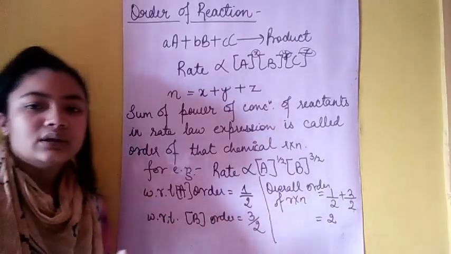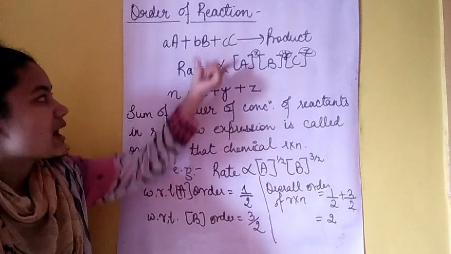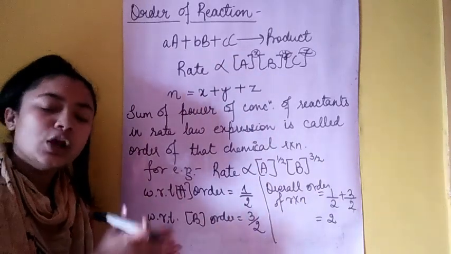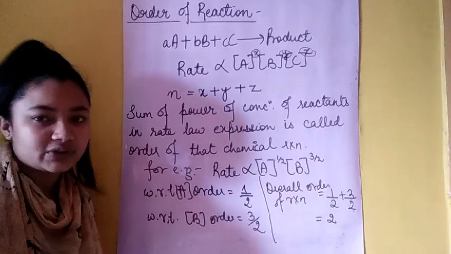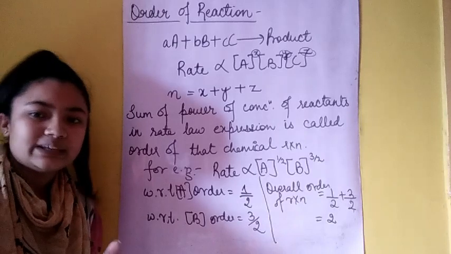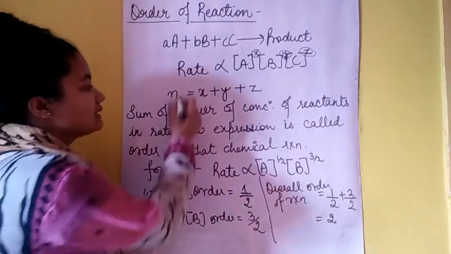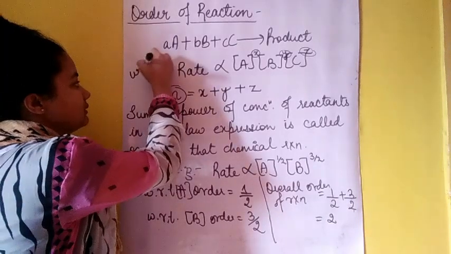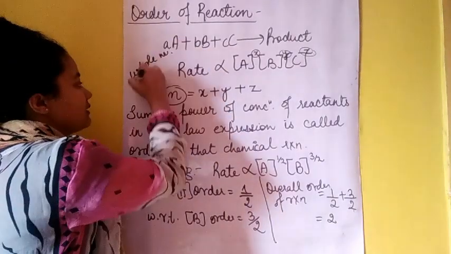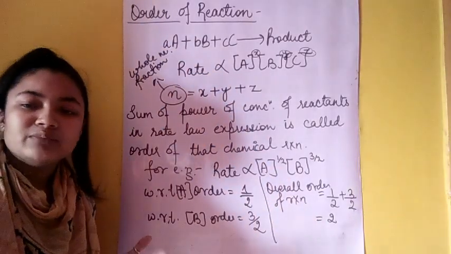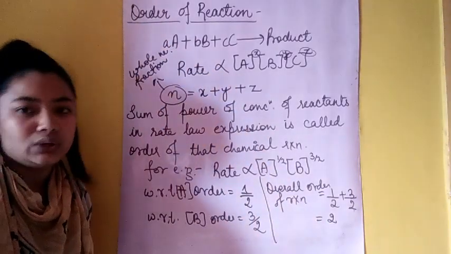Now order cannot be calculated by seeing only the balanced chemical equation, that हमने एक balanced chemical equation देखी और हमने order लिख दिया. It is not possible. So order is also calculated experimentally, right? Now this order can be a whole number or a fraction, right? It can be a fractional number or it can be a whole number.